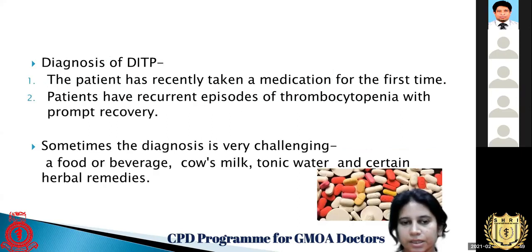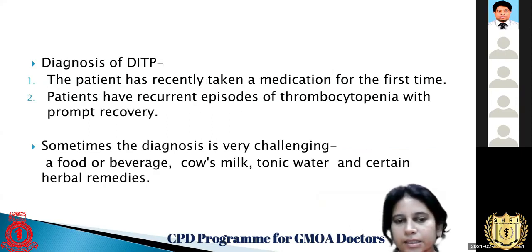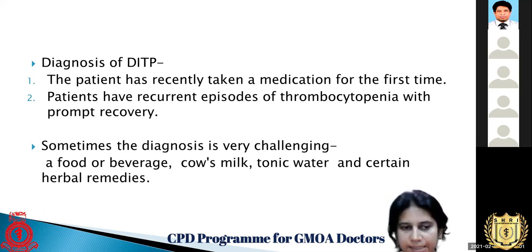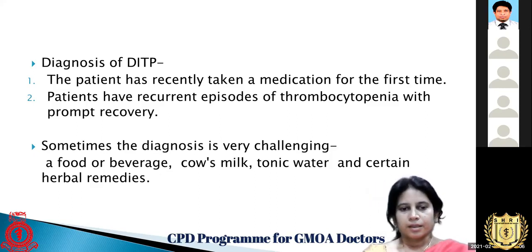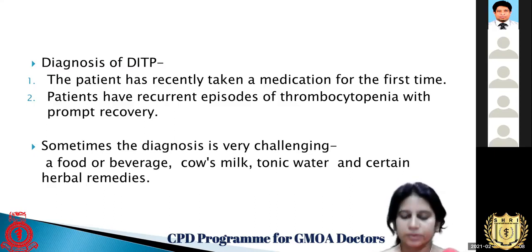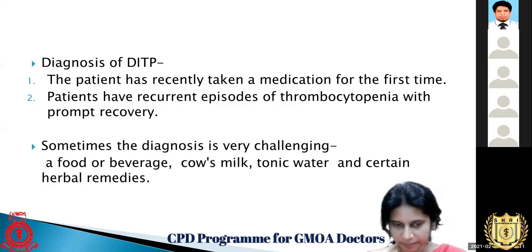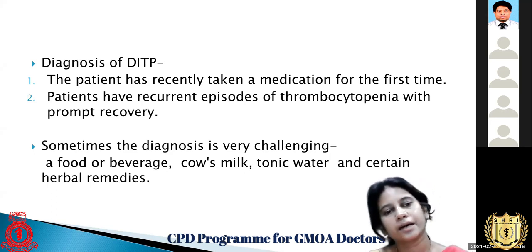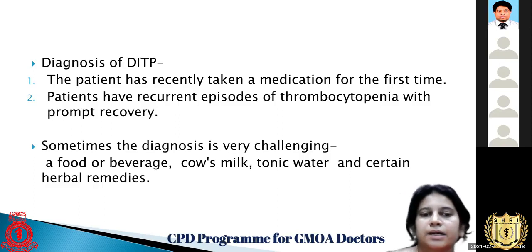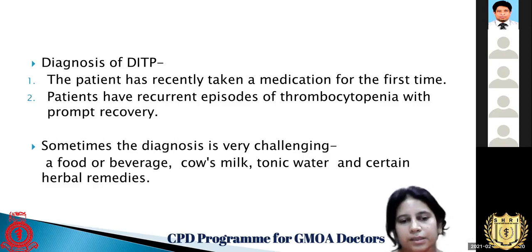It's very challenging to diagnose drug-induced thrombocytopenia because some foods and beverages, cow's milk, tonic water, certain herbal remedies can cause thrombocytopenia. Not only drugs. So keep that in mind. If it is drug-induced thrombocytopenia, they will recover in 2 to 3 weeks or months. ITP, they will not recover. You need treatment.